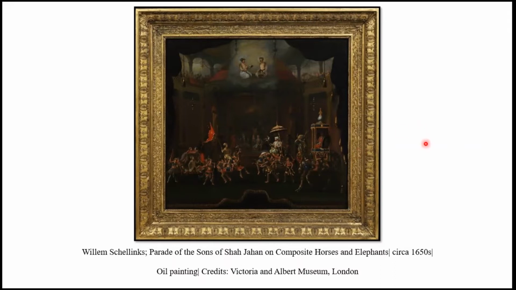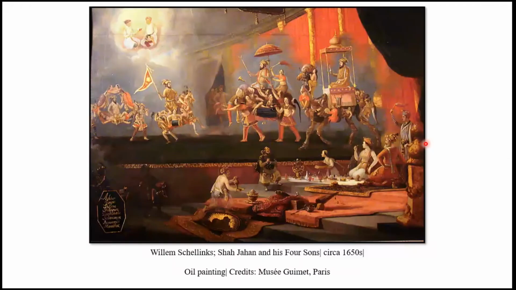This is one painting, and this is another. The same theme, the same kind of depiction, but different backgrounds. It is very interesting to see a Mughal narrative depicted by a Dutch artist, and it is the Dutch interpretation.